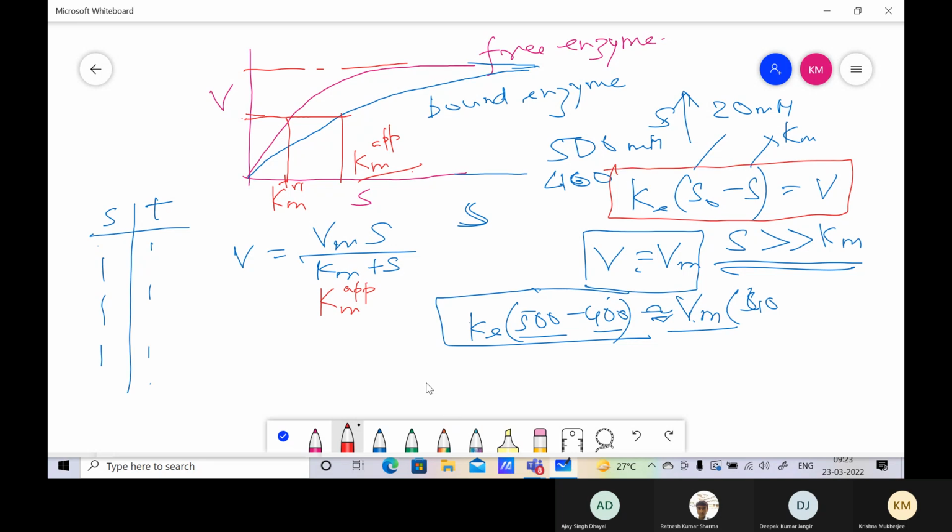Now, please solve this equation. What is the solution to this equation? You have the integral form of this equation, right? What is the integral form of this equation?